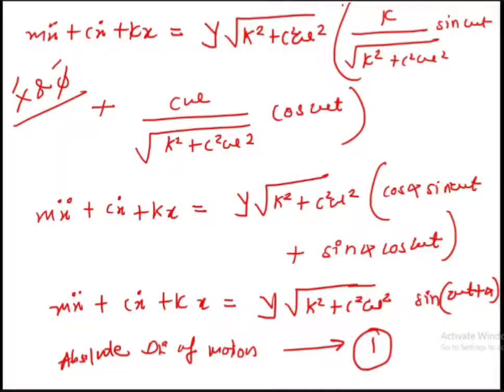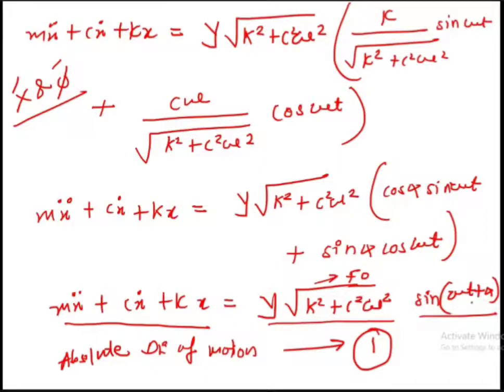Now compare this equation with that one. Obviously the left hand side will be the same. In the right hand side, the extra term you are getting is y times the square root of k square plus c square omega square. This term is nothing but F0, and here you are getting sin of omega t plus alpha.